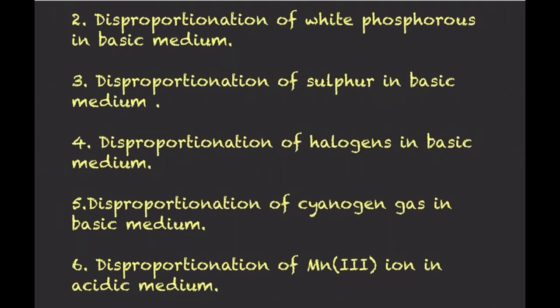Like chlorine on disproportionation will form Cl minus ion and OCl minus ion, chloride ion and hypochlorite ion. Similarly, disproportionation of cyanogen gas in basic medium will form cyanide ion, CN minus ion, and OCN minus ion, cyanate ion. And Mn plus 3 ion on disproportionation in acidic medium is converted into Mn2 plus ion and MnO2 solid.